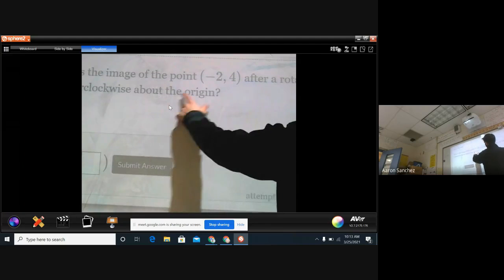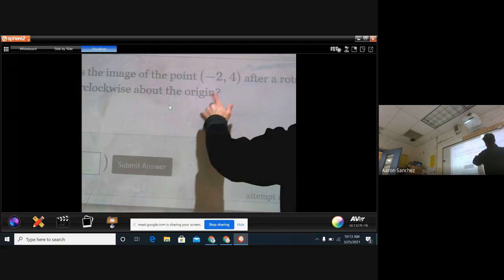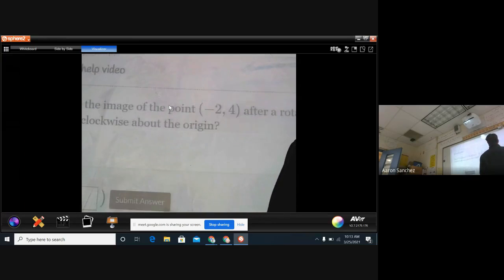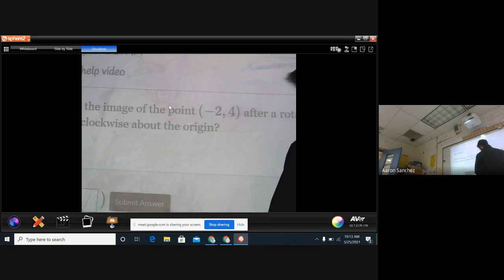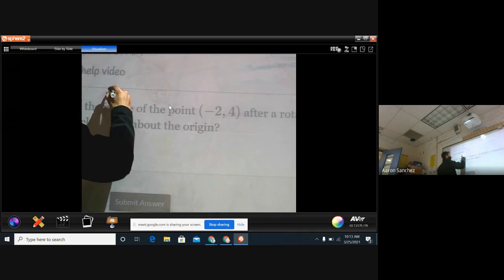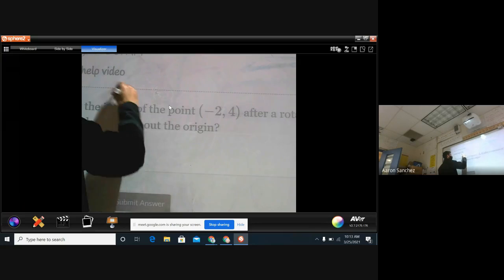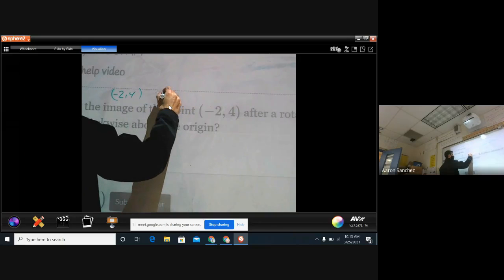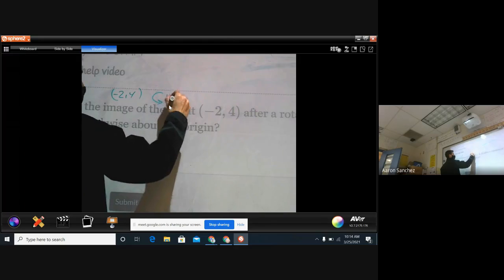Okay, what is the image of point -2, 4 after rotation of 180 degrees? Okay, -2, 4, rotation 180 degrees counterclockwise. Let's write it down here. So I have -2, 4, rotation counterclockwise, that is in this direction, 180 degrees.